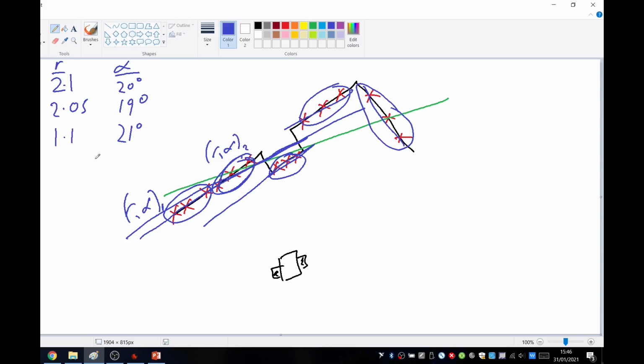Number 4 is going to be something like 2.12 and 21 degrees. And 5 is something like 5.2 and 110 degrees, for example. So we've done our line fit on our sets of data and got that out.